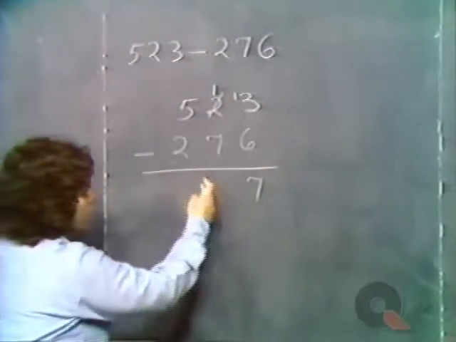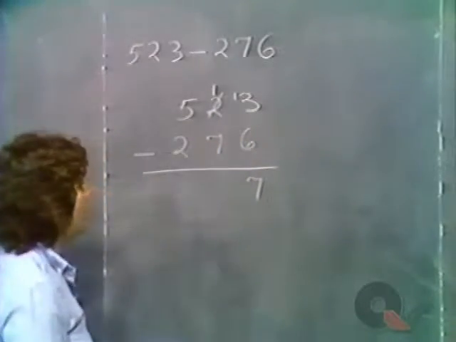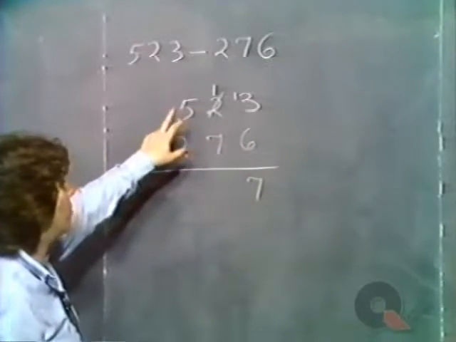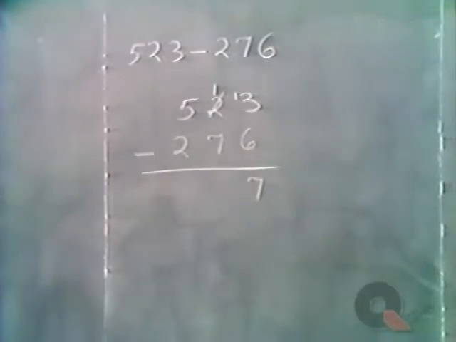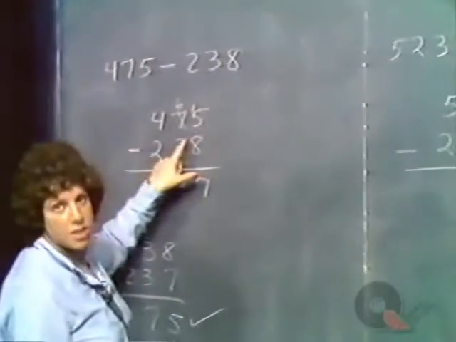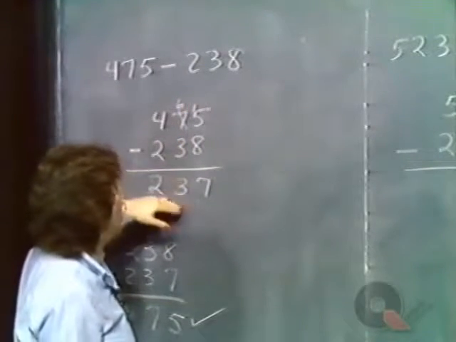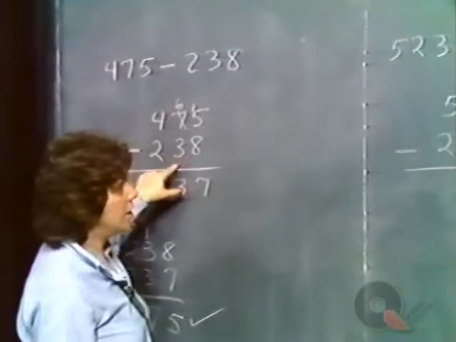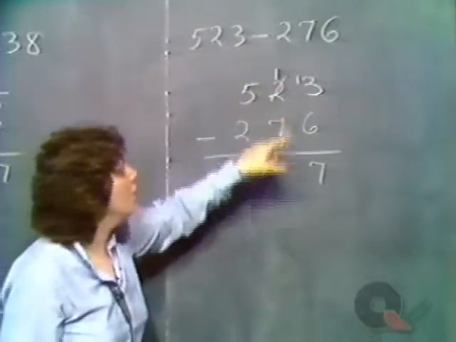Then when we move over here, we try to take 7 away from 1, and once again we find that we have to borrow. In this case, we have to borrow from the hundreds column. In the preceding example, after we had borrowed once, and the second time we had to subtract, we were able to go straight, 6 take away 3. But here, in the tens place, we find that we still are short.